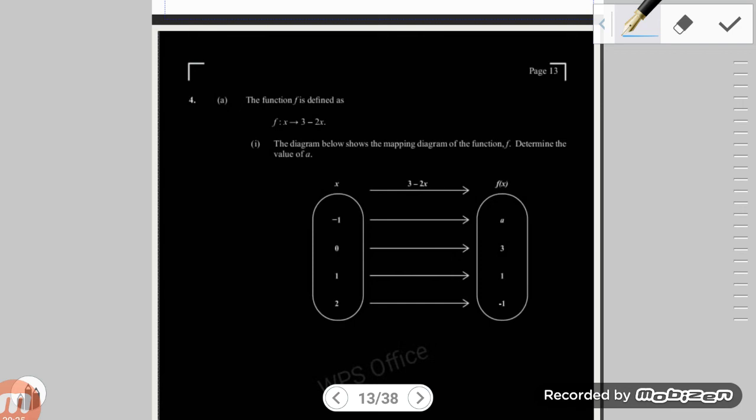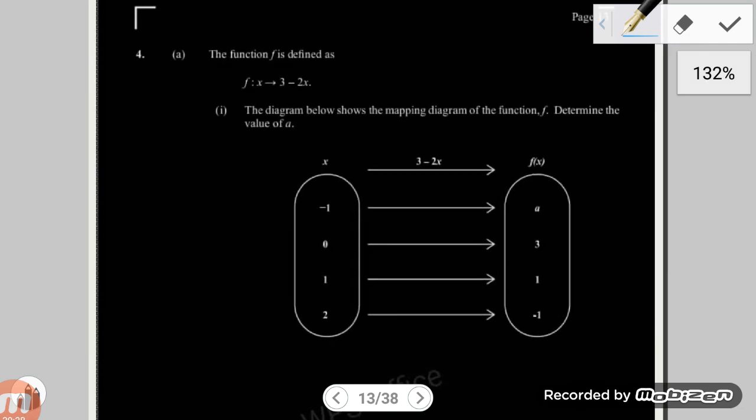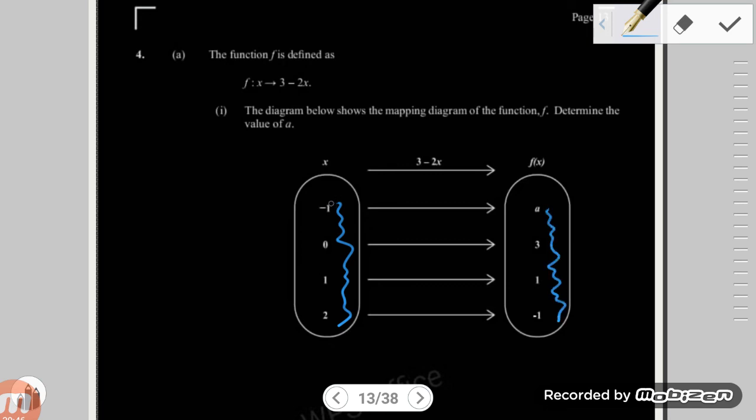Determine the value of a. Alright, so these are all the values here of x, and these are the values that come out once each of these values are inputted inside the function. So this is the input, these are the outputs.